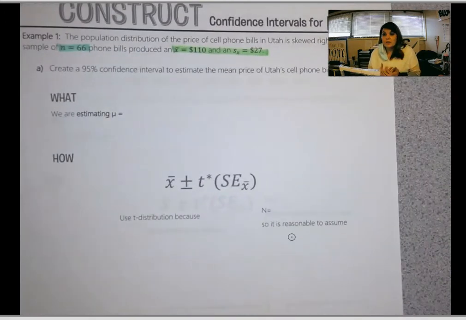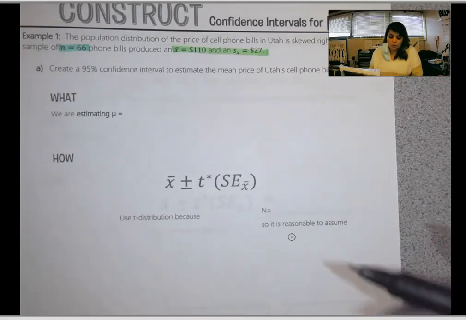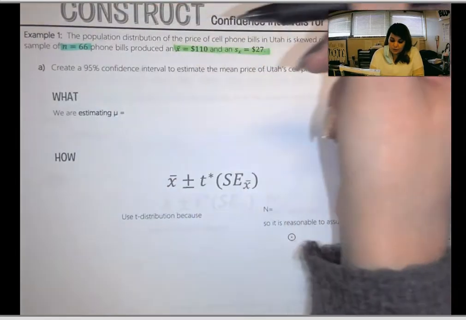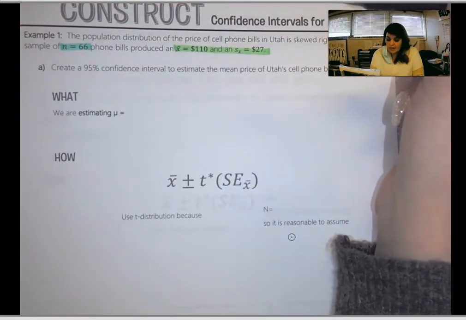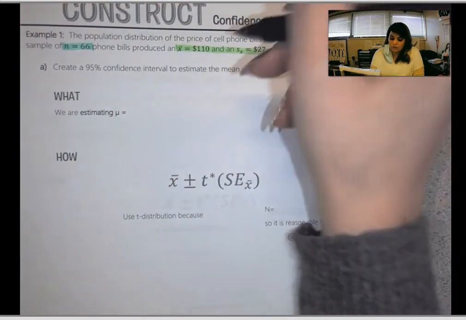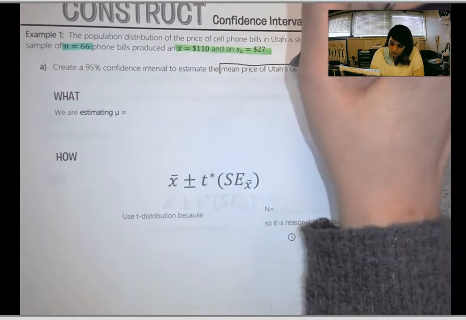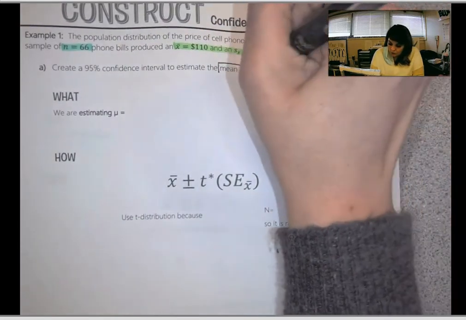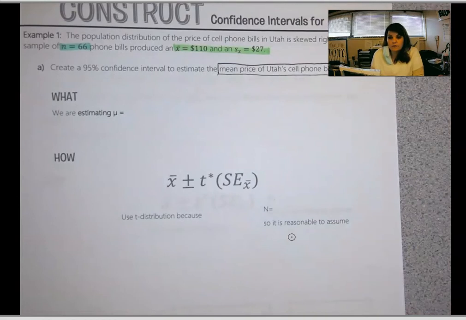So I'm going to go through this faster than I normally would if I were actually teaching this in class, because you guys have the ability to pause the video and write all the things down that need to be written down. So the first thing that we do is create a 95% confidence interval to estimate the mean price of Utah's cell phone bills.